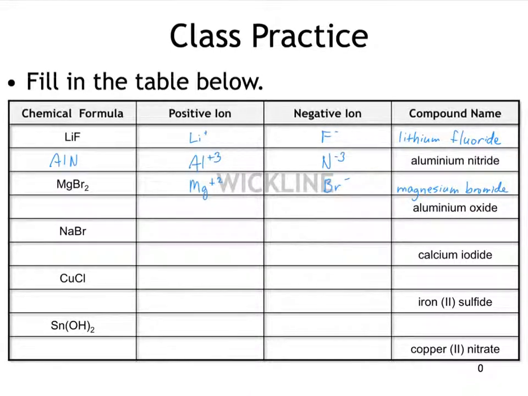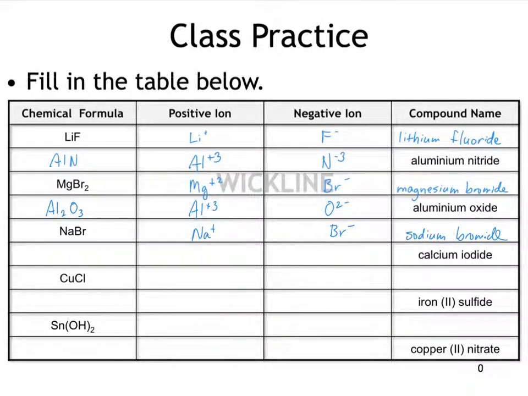All right, we're going to work backwards from aluminum oxide. So we have our aluminum ion, which is +3, and our oxide ion, which is -2. You would need to cross those charges to make the formula, so it's going to be Al2O3. So for NaBr, we have our sodium ion, bromide ion, and the name, of course, would just be sodium bromide.